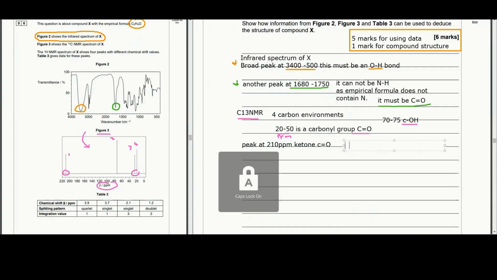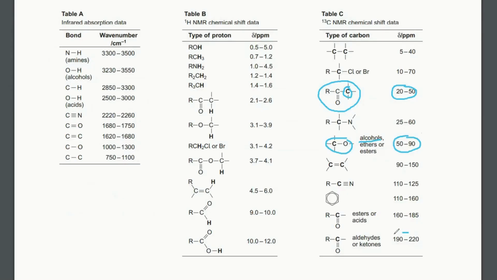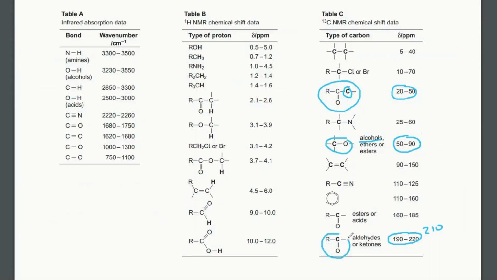So that pieces it all together that we're probably dealing with an alcohol as well. And another of the peaks at 210 looks like it's going to be a ketone when we look at the data table. So we've now got it kind of confirmed in our minds that we've got a carbonyl group separate to a hydroxy group, not joined together as in a carboxylic acid.